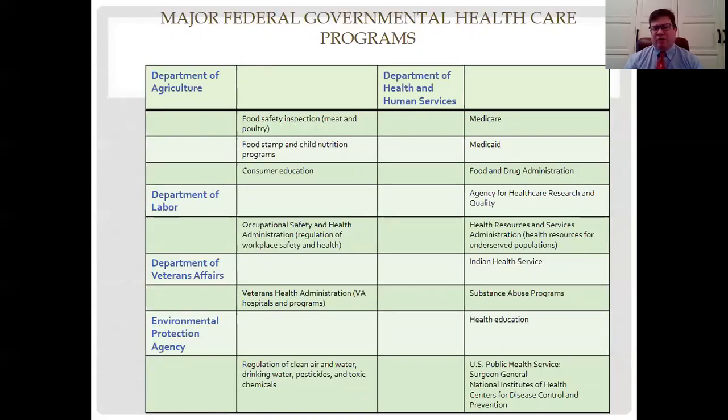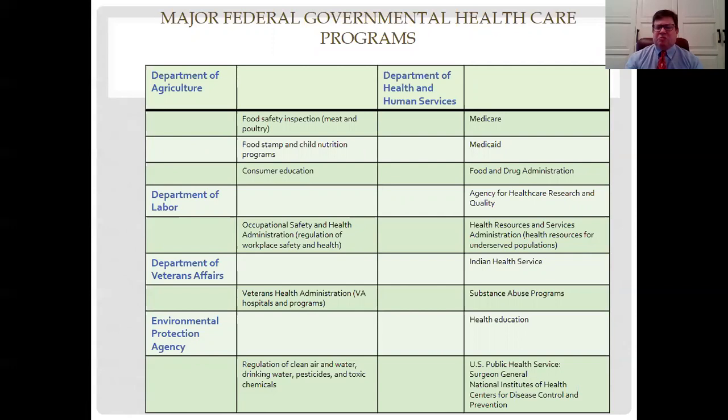The EPA is one that we don't necessarily always think of in relationship to healthcare, but when you think about the benefits of having clean air and clean water, having water and so forth that doesn't have pesticides in it and toxic chemicals, there are profound public health benefits to cleaning up the environment. Just think in terms of, when you look at things like pollution and the relationship that many people have asthma as a consequence of that. As we clean that up, the air gets cleaner, and so is our health.